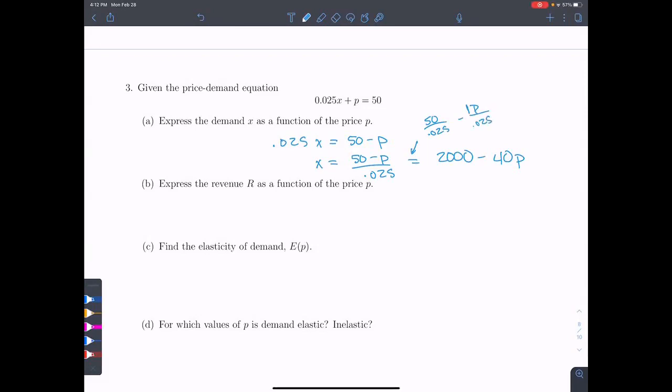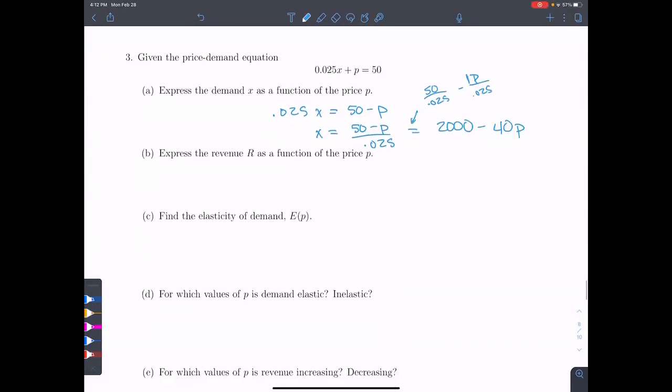Okay. So we express the revenue as a function of the price. Okay, revenue, remember, is x times p. So we're looking at 2,000 minus 40p, that's x, times p. So this is 2,000p minus 40p squared.